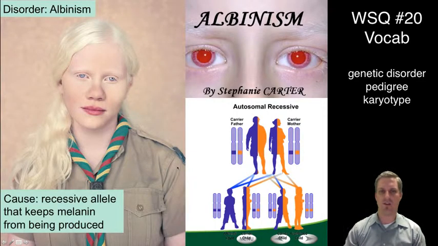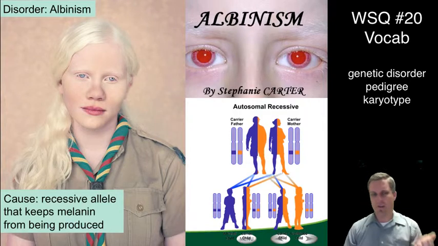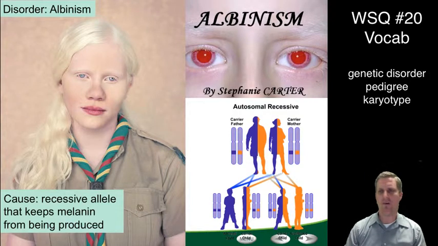And then the last one I'll talk to you about is albinism. Albinism is a disorder. It's caused by a recessive allele that literally keeps melanin from being produced. There's actually two types of albinism. But commonly, they don't have melanin production very high. And so what happens, people with albinism, like this girl we'll see here on the left and the girl on the right, very fair features, typically have no pigment in their eyes or very light pigment in their iris.